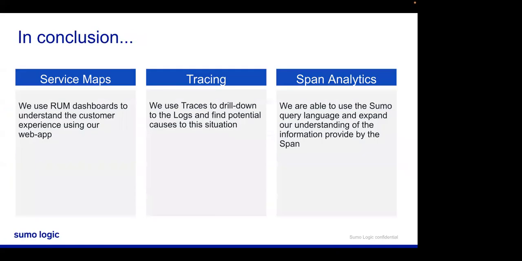And so you and I can troubleshoot this. We can use these tools, like I said, to understand the user's experience, to be able to trace, to see what's happening. And our span analytics also gives us a very easy, quick way of creating a query visualization so we can see without having to do a complicated query.